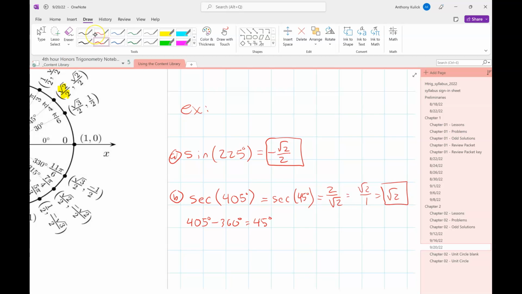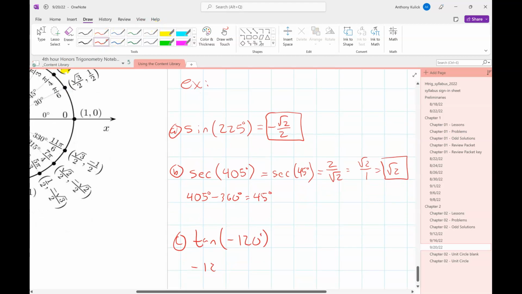But that's me personally. What if I wanted to do, say, tangent of negative 120? Well, negative 120 is not on my unit circle, but it looks like it's coterminal to something on my unit circle.